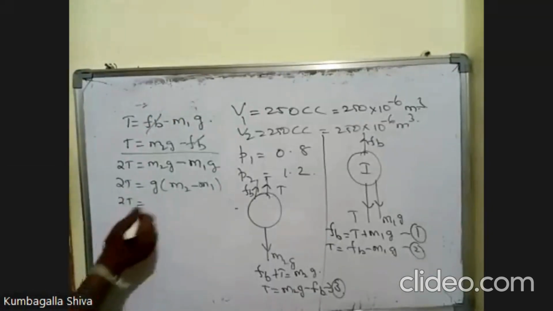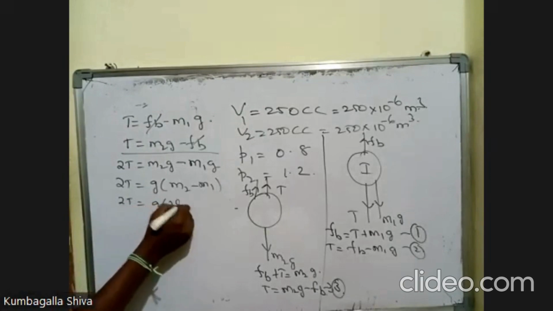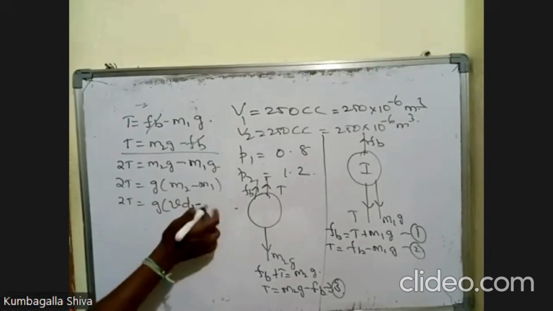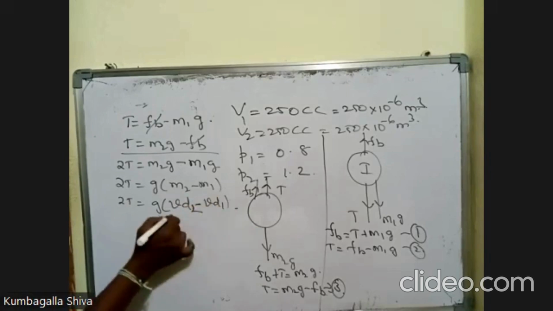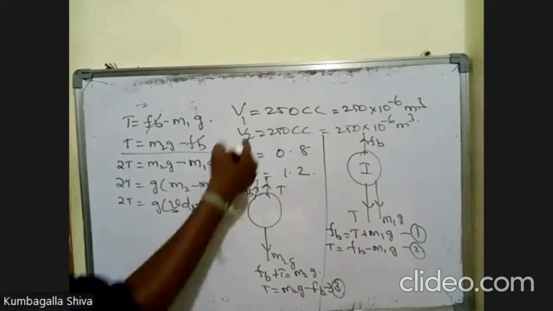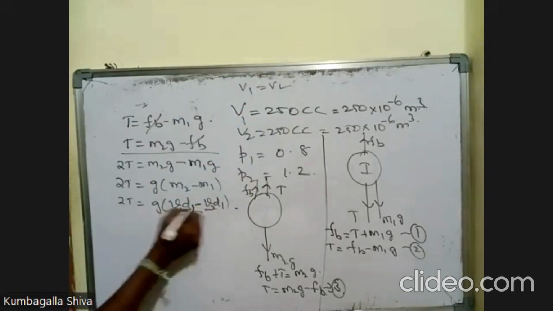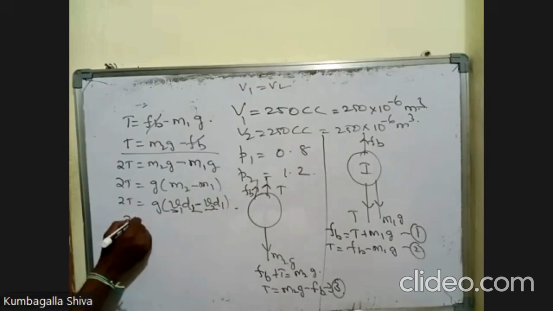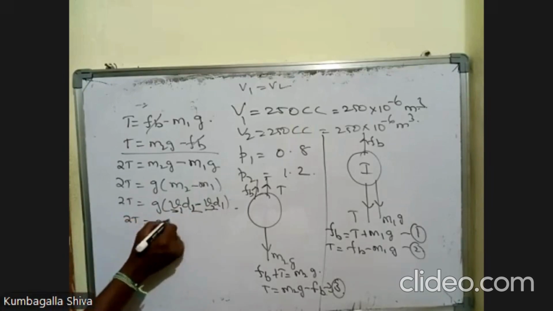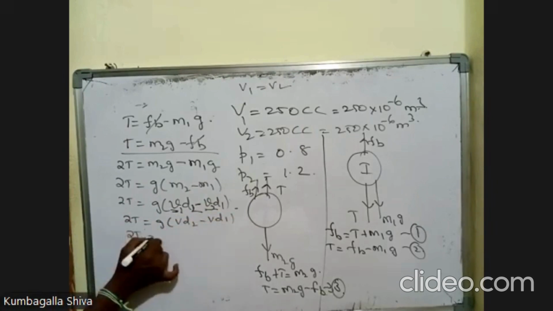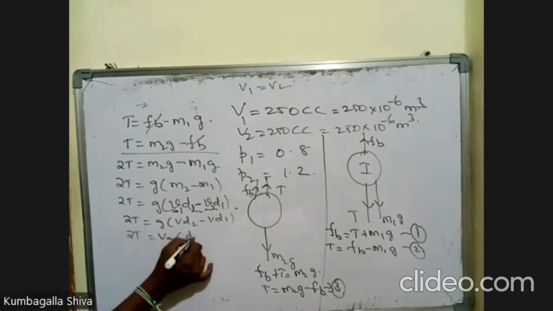You can write here g of volume into density D2, minus volume into density D1. Since the volumes are the same, V1 equals V2, both volumes are common. So 2T is equal to g V into D2 minus D1.